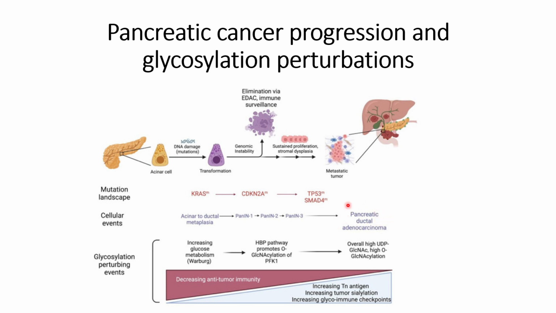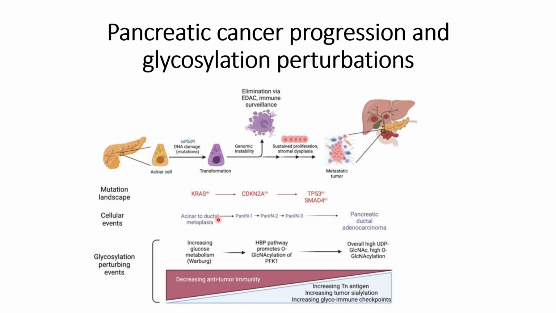At this stage, the pancreatic cancer acquires high migration properties, and it has begun to spread, or has already spread, across different organs.